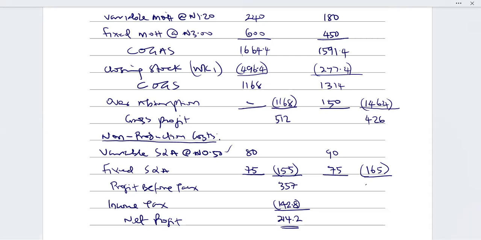261,000. So 261 multiplied by income tax of 40% is 104.4. Minus 261, we get 156.6.